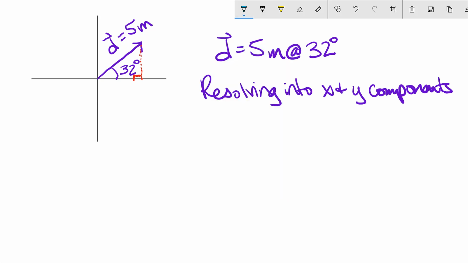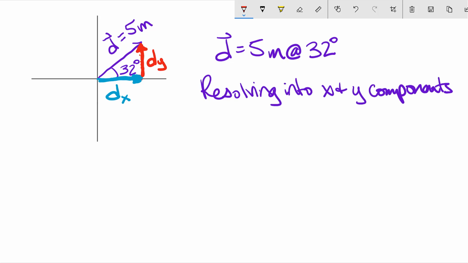So starting at the x-axis, I can draw an arrow along the x-axis, and we can call that dx, because that's the projection of this vector d in the x direction. And change back to red here. Then drawing an arrow along this line that we drew down, this vector we're going to call dy. That is the component of the projection of vector d in the y direction.